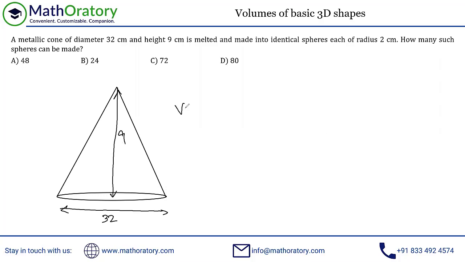The volume of the cone is 1/3 of pi r square h. So you have basically 1/3 of r is 16 out here. This is 32 diameter. So this is 16 square into 9.